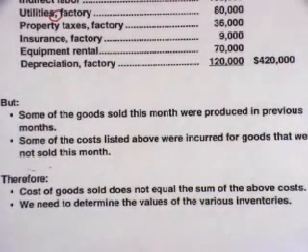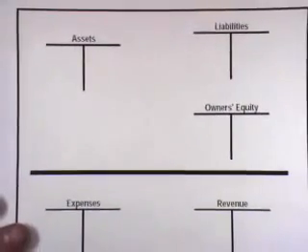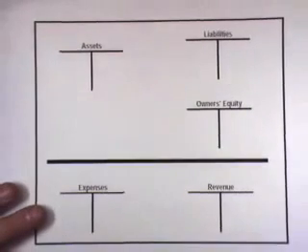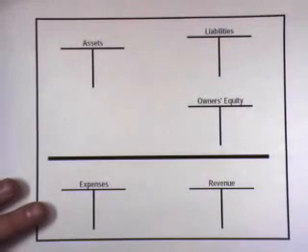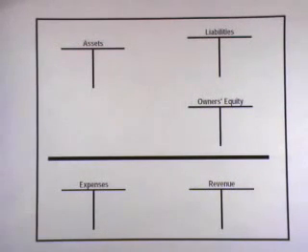Now, before we get to talking about the inventories, I first want to give you a little bit of a reminder or a review regarding debits and credits. Here's a template that you can keep in mind to remember how to increase and decrease certain accounts with debits and credits. So we have a T account.